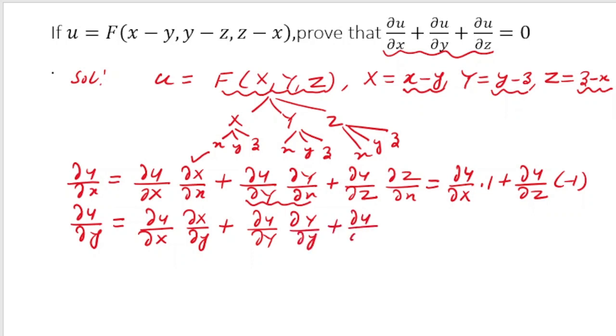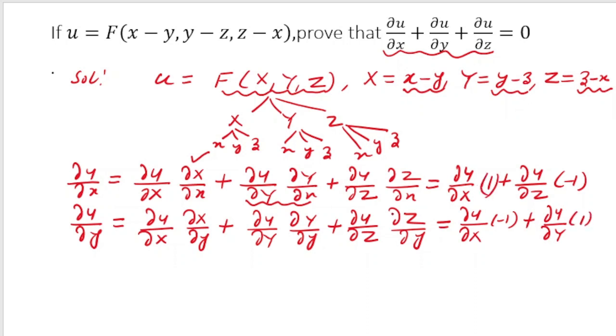From here I will get del u by del X and del X by del y gives minus 1, plus del Y by del y gives 1, and del Z by del y, there is no y, so it will become 0.